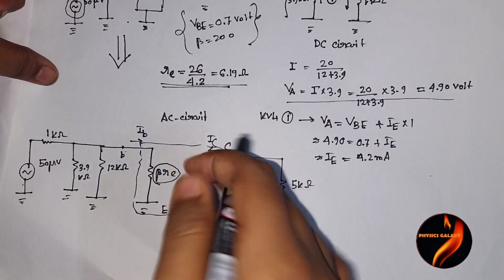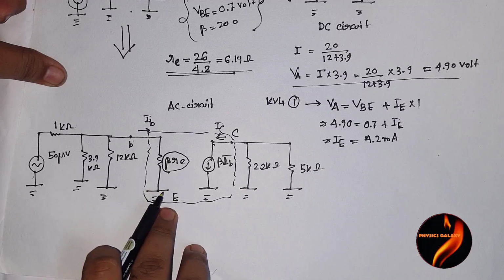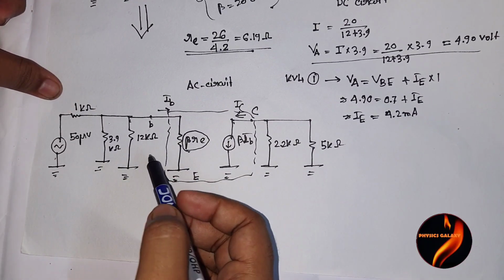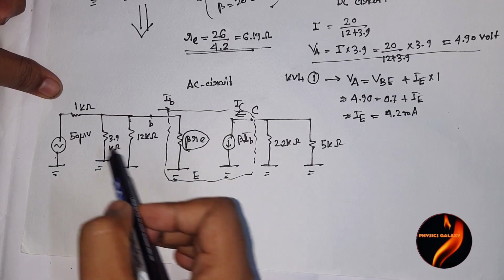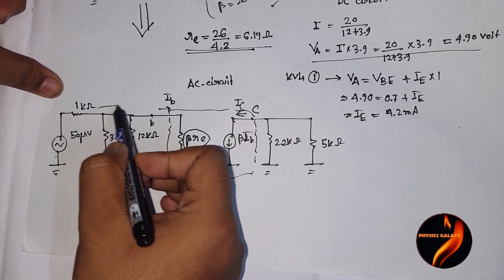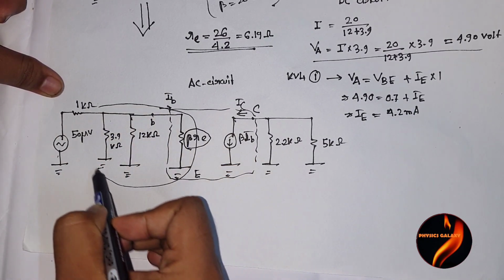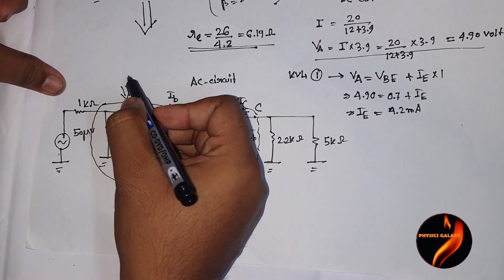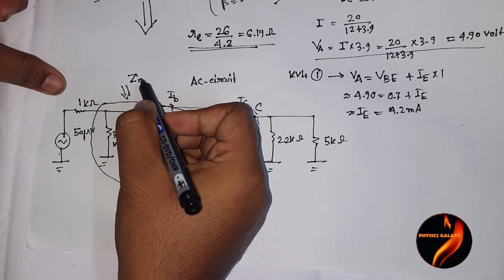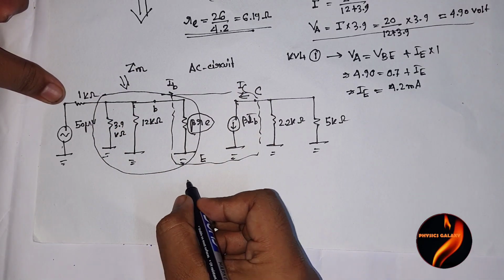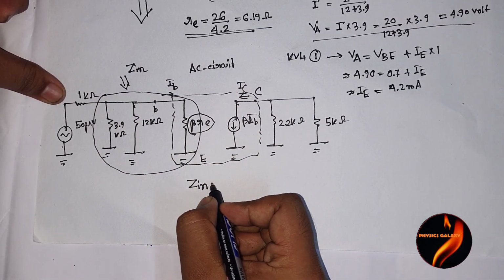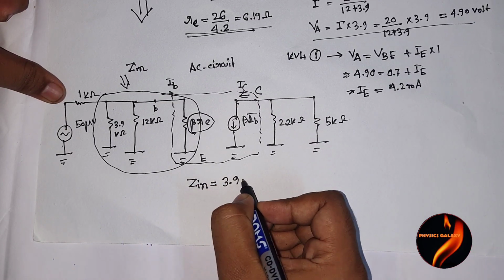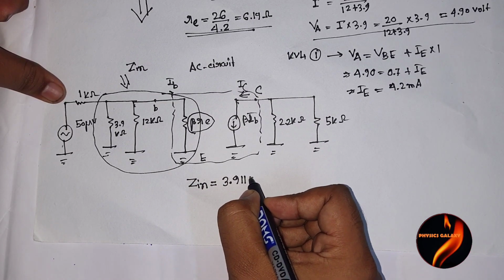From this diagram, we have to find the input impedance, the output impedance and the voltage gain. Let us denote the input impedance by Z in. Z in will be the parallel combination of these three resistances.